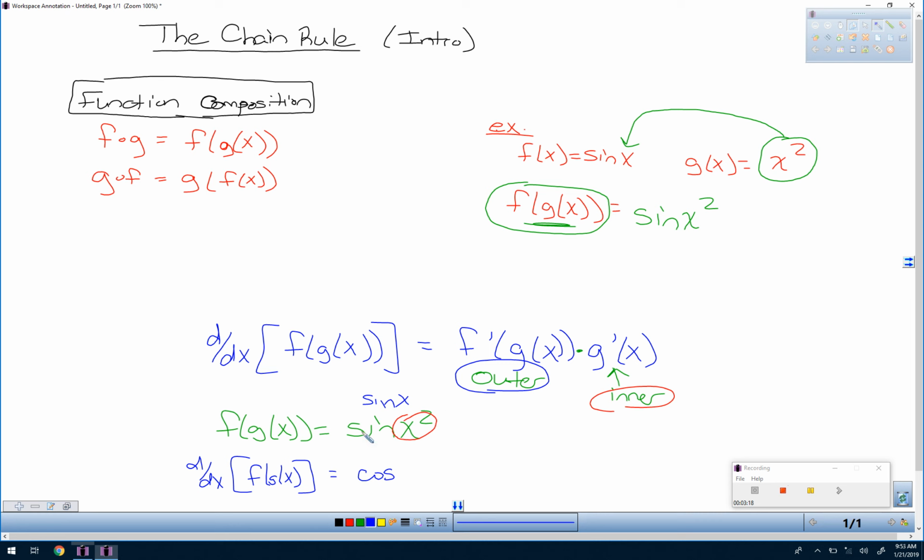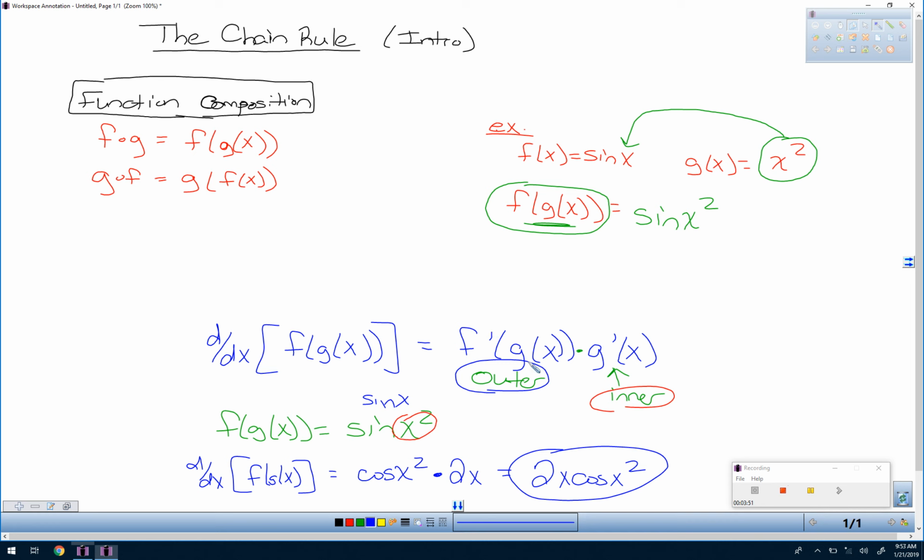So it wouldn't just be cosine of x, it would be cosine of x squared. Then times the derivative of the inside function, the derivative of x squared, which is 2x. That's actually the answer, but if you want to rewrite it, it's simply 2x cosine of x squared, the derivative of that function composition.